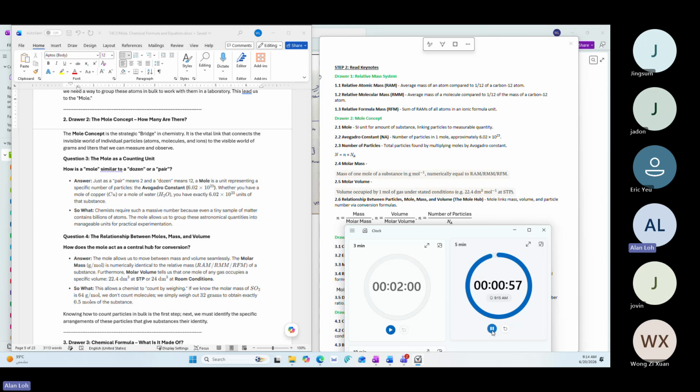The last minute. You should be in question 4 if you're not yet. All right, this is drawer 2.